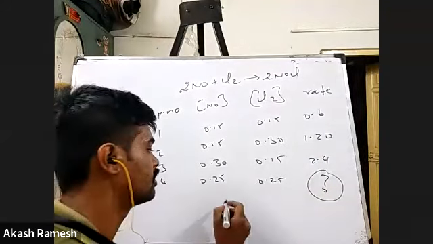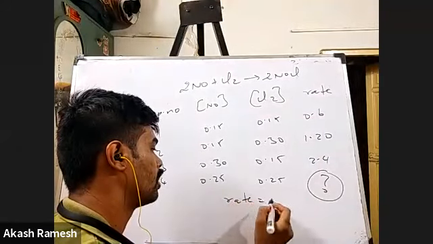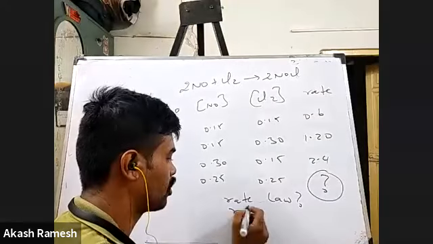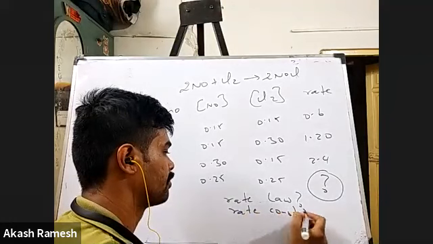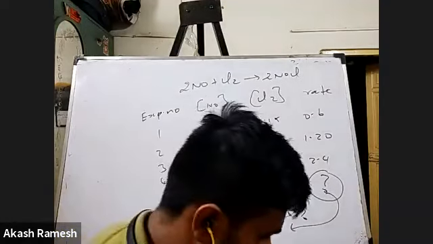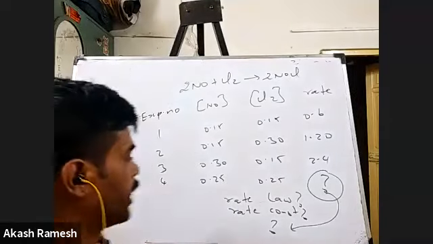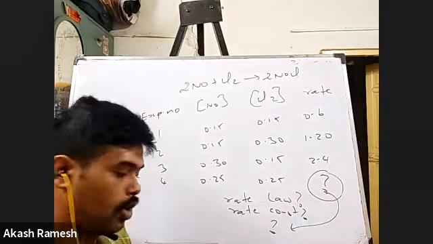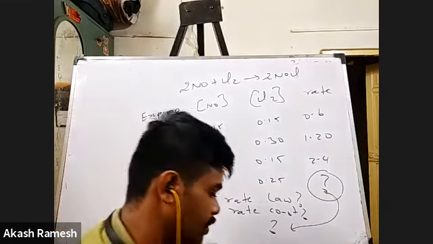So you have to find 3 things. First, what is the rate law? And you obviously have to find the rate constant and this value. 3 things you have to find. In the experiment number 4, find the rate of this reaction. Do it quickly.